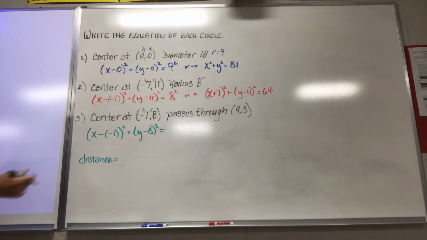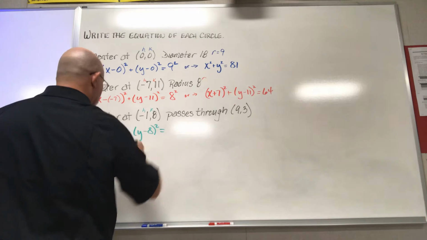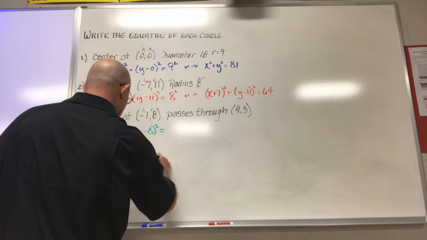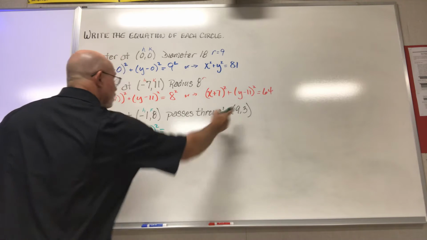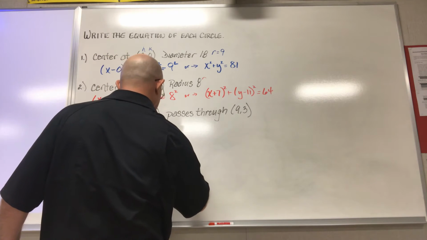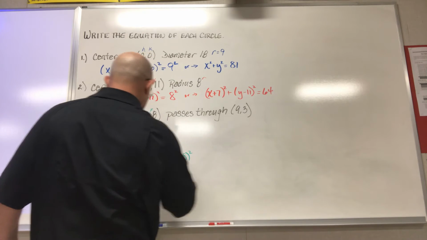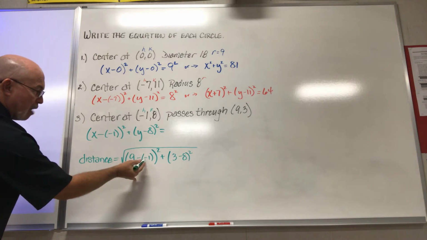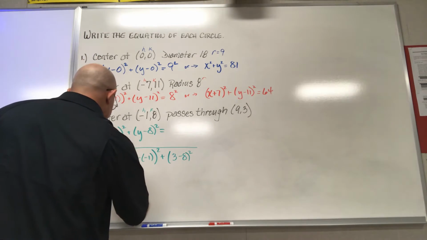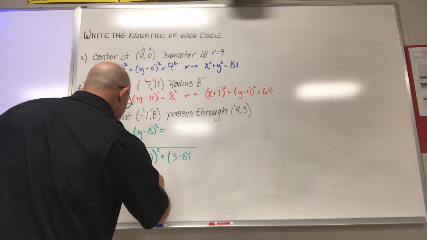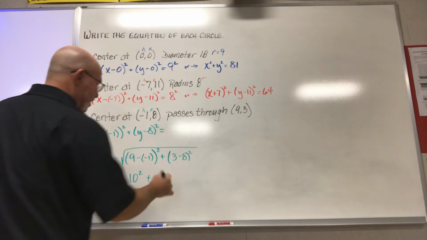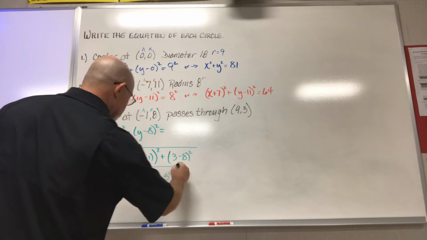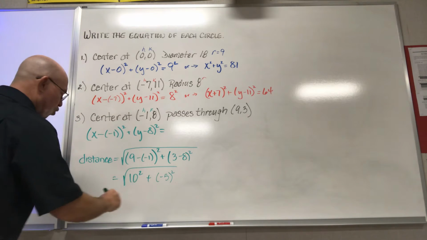So the distance equals x minus x, so we're just going to go. 9 minus negative, that's plus. 3 minus 8 is negative 5. 100 plus 25.